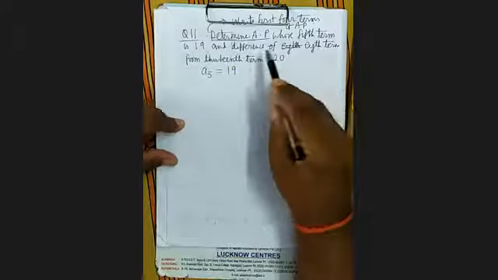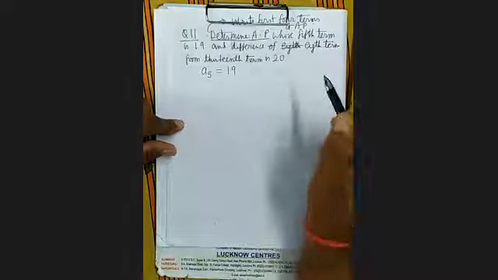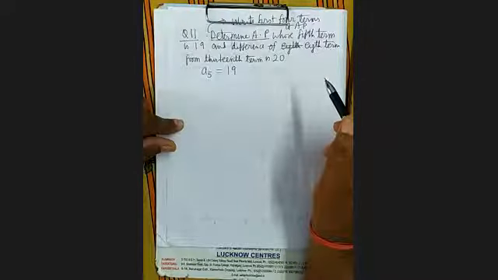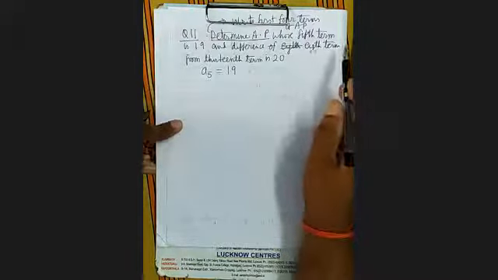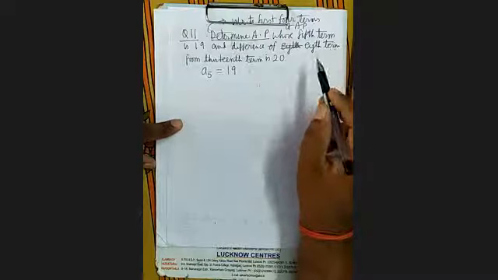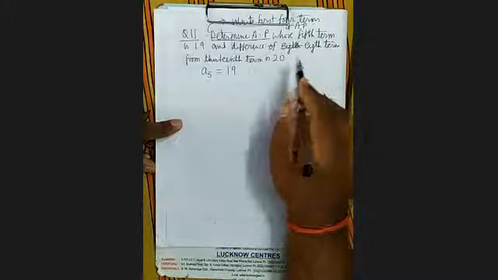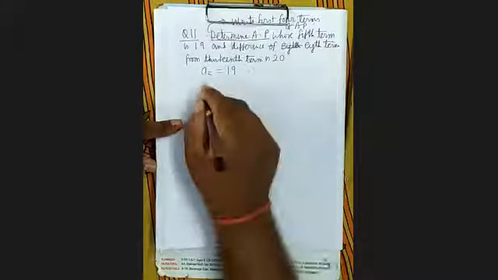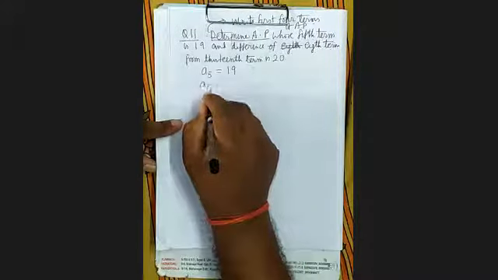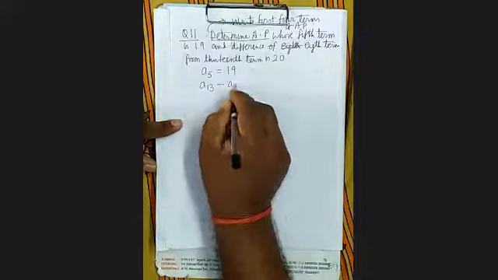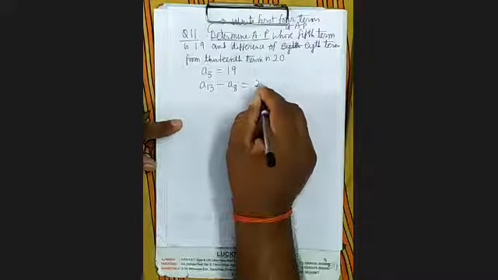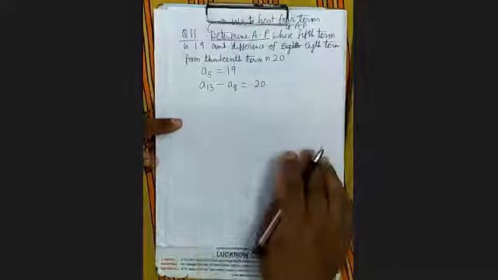Then it is given that the difference of the 8th term from the 13th term is 20. How will you write the 8th term in symbols? A8. And the 13th term, A13. A13 minus A8 equals 20. These two things are given.